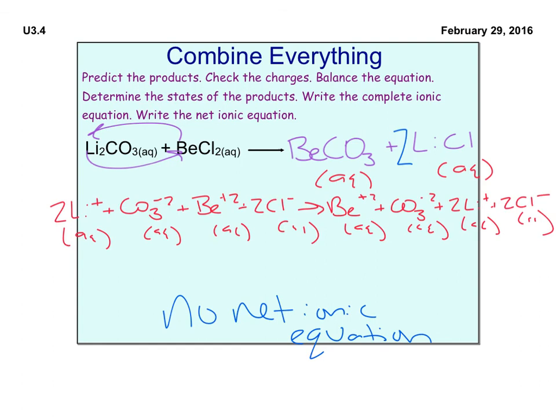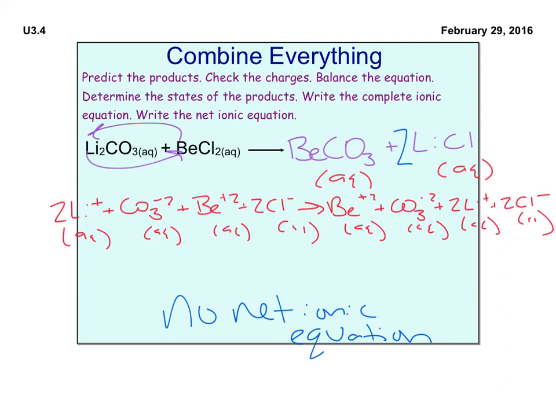All right, and here's the final answer for this one. So this is where I predicted products, checked charges, balanced states of matter. In this case, both the products are aqueous. So when I come down here for the complete ionic equation, notice they're all aqueous. They've all been split up. They all have their charges.